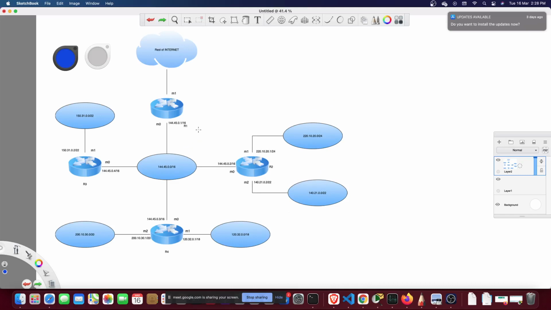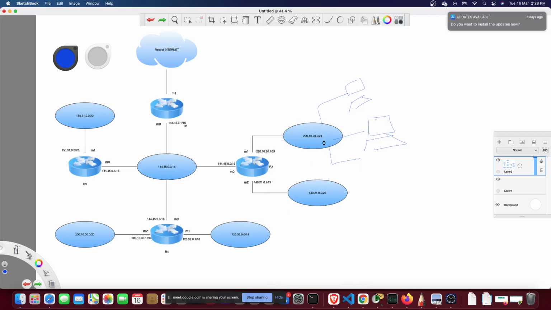Yeah, three different networks. What is the network address here? Assume that computers are connected here. We are not representing them. Instead of putting all those computers, we are representing the whole network as a whole.